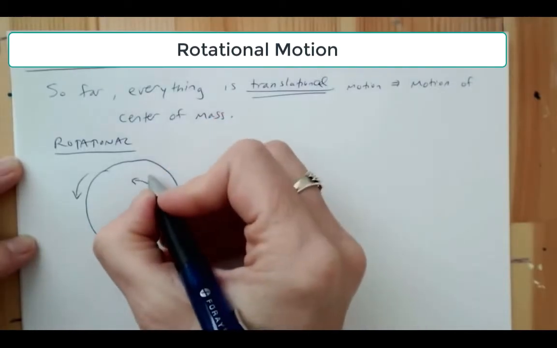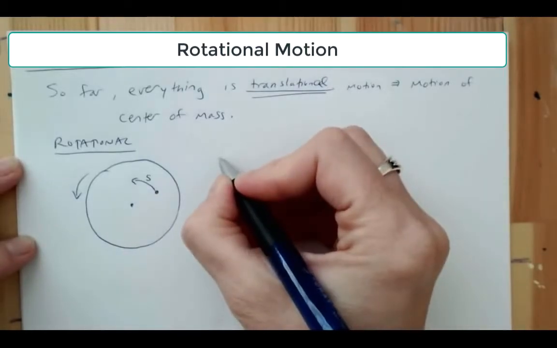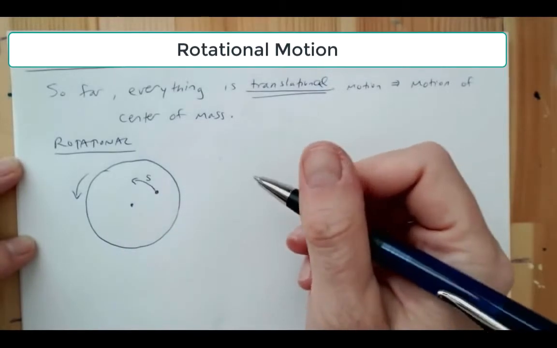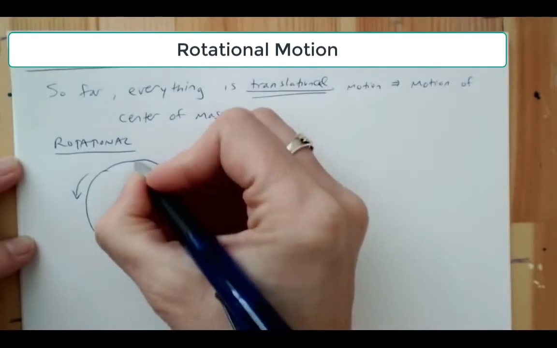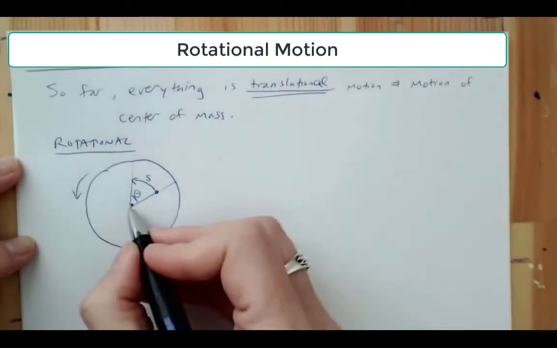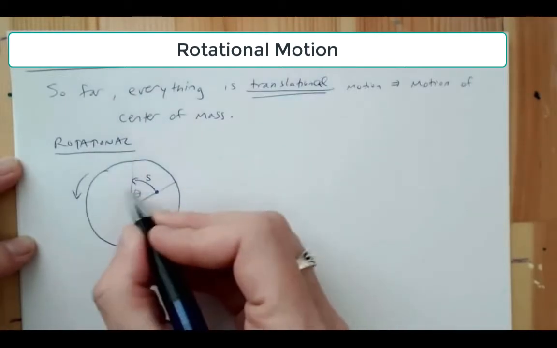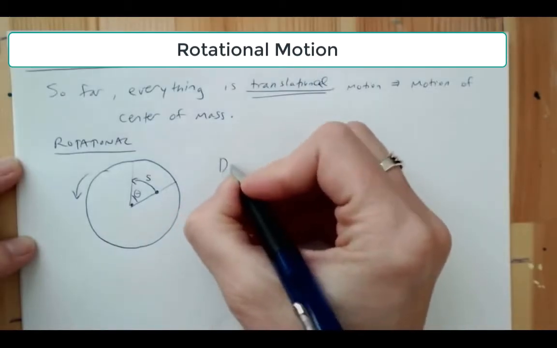So this distance S is the distance that the point travels as the disk spins through an angle theta. So let's mark theta here. And as the disk spun through an angle theta, this point moved a distance S.